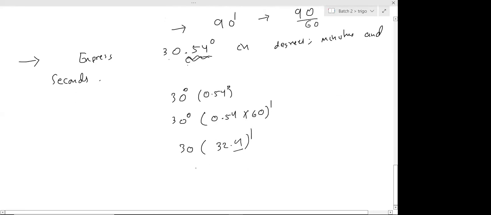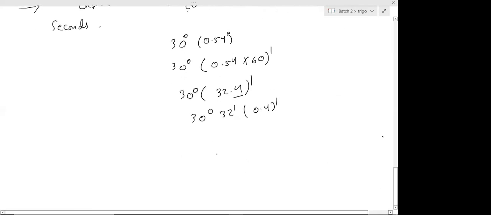Again, I'm getting a decimal, so I can write this as 30 degrees, 32 minutes, and 0.4 minutes. Again, if I have to convert this, 0.4 into 60 is 24 seconds. So this is 30 degrees, 32 minutes, and 24 seconds. So this is the final answer in degrees, minutes, and seconds.